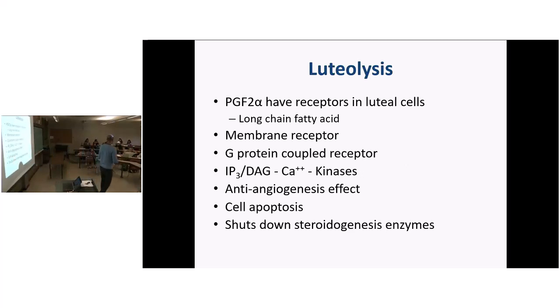So you basically kill the gland in any way possible. That's why you can go from that big protruded gland that you're going to see in lab to basically a little scar. Okay? From producing lots of progesterone to basically producing zero. Okay?